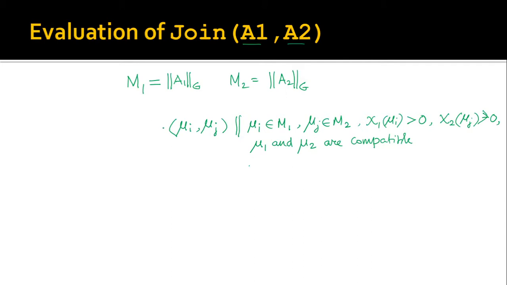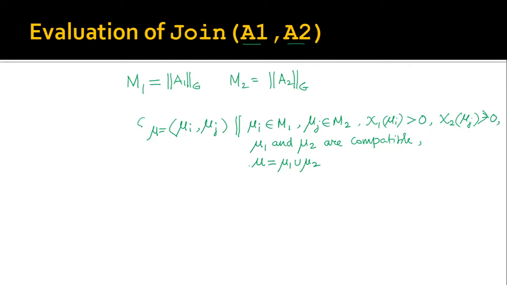So basically, the final solution would be the union of mu1 and mu2, right? So this mu is basically a combination of a pair of these two, and if you take the union, that will be giving you the final compatible joint solution, right?